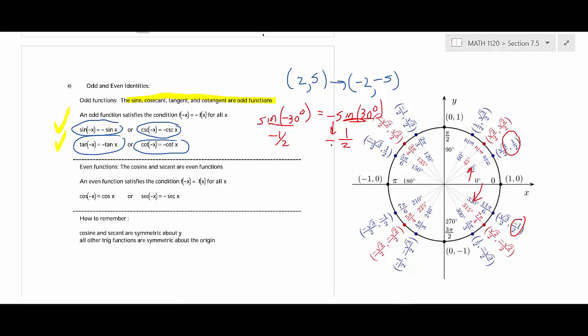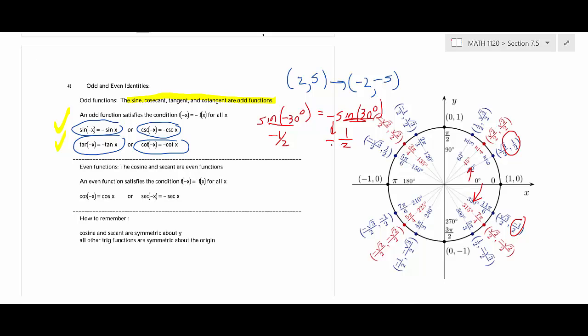So notice on this, if you had 30 and -30, wouldn't that just be the opposite answer for tangent? Because y over x would be positive here, and that's all that matters. And then on this, y over x would be negative, but you would get the same ratio. So the tangent works the same way. Does that make sense, what I'm saying?